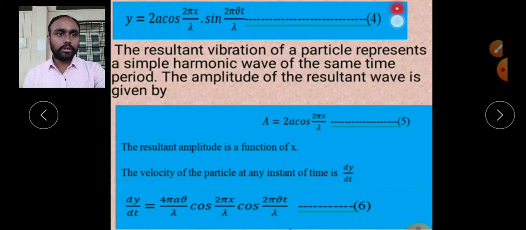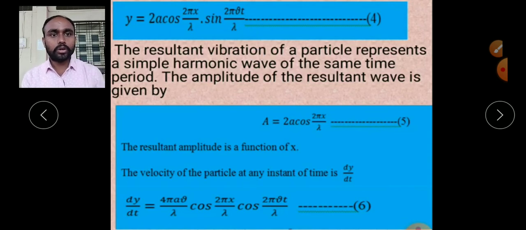So differentiating equation number 4 to get the velocity of a particle at any instant, that is dy by dt. See equation number 4, left hand side dy by dt. Here 2a cos 2 pi x by lambda is constant because we have to take the derivative with respect to time, and there is only one term which contains the time factor, that is sin 2 pi Vt by lambda.